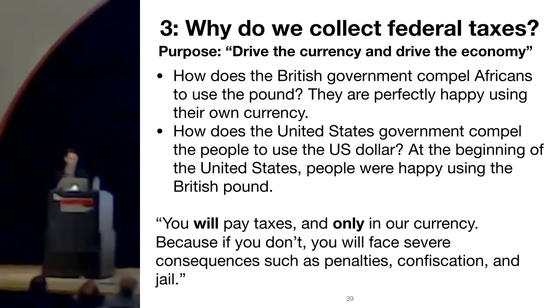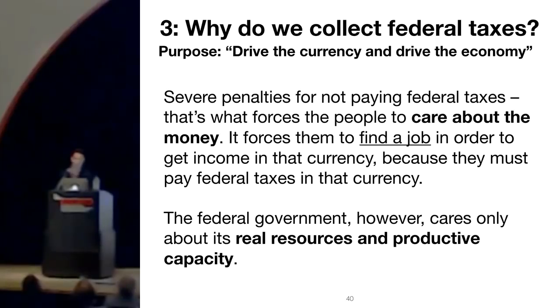And what they said to the people was, you will pay taxes, and you will pay them only in our currency. Because if you don't, you will face severe consequences. Penalties, confiscation, jail. Severe penalties for not paying federal taxes.